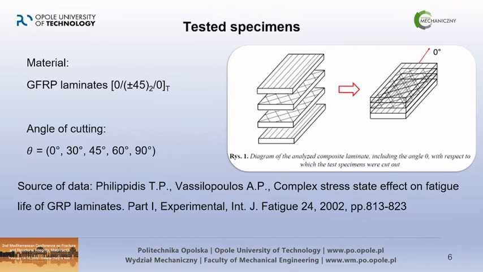So the most important thing which you can see in this figure is the axis which we are comparing to the angles, as we use the data for different angles of cutting. We had 0 degrees, 30, 45, 60 and 90, and we were analyzing those 5 angles.